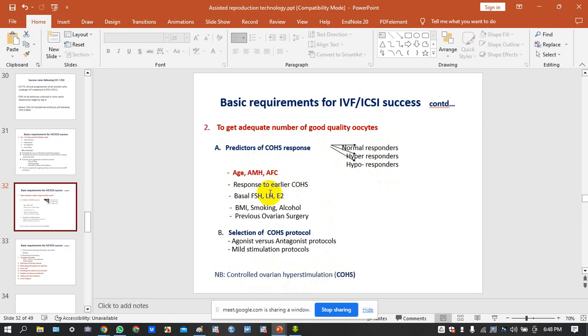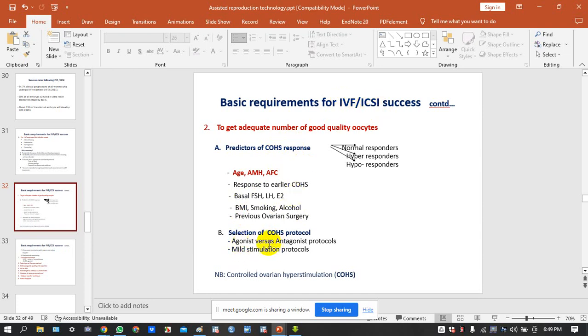Then we also have basal FSH, LH, and estrogen levels. If a person is a smoker, alcoholic, or very fat, it becomes very difficult for the ovaries to be stimulated, leading to infertility issues and challenges for IVF and ICSI.